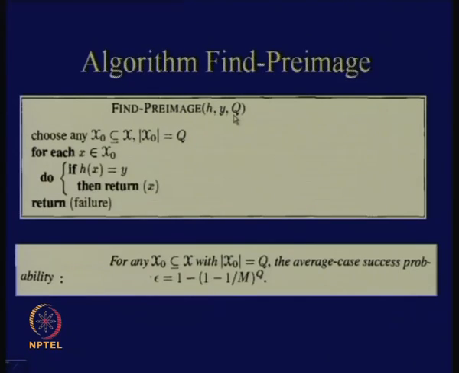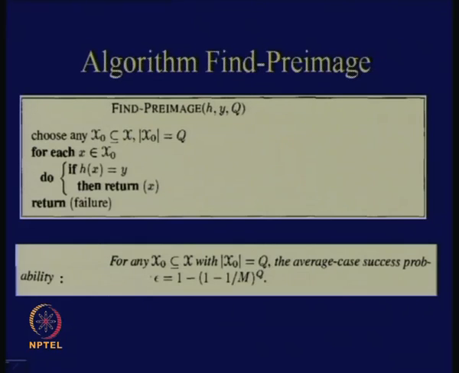In a random oracle you can ask as many questions as you want, but if you really want to solve it efficiently, you have to ask a polynomial number of questions. From those questions you now have to give the corresponding answer, that is, the inverse of y.